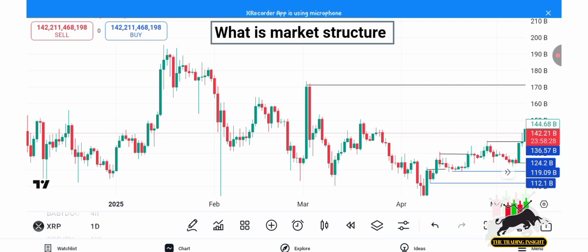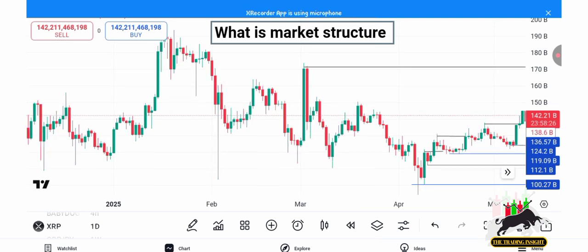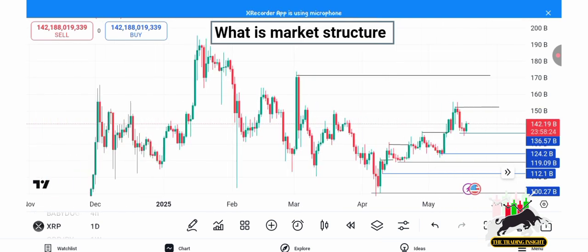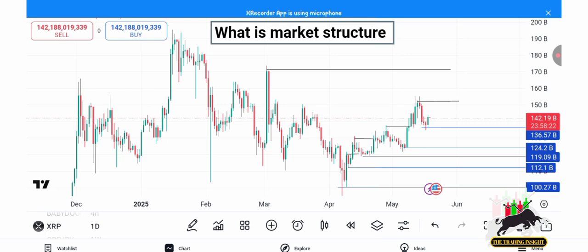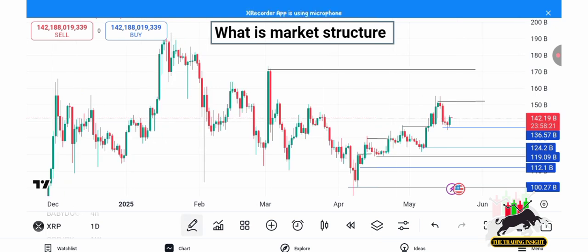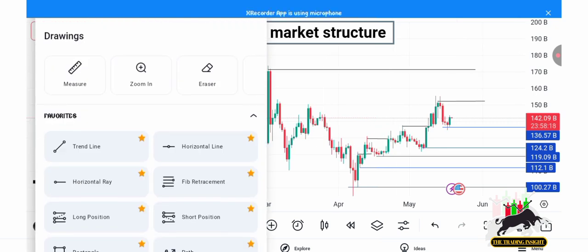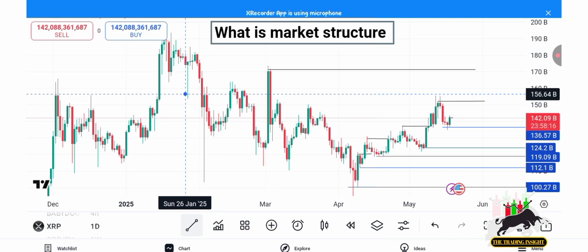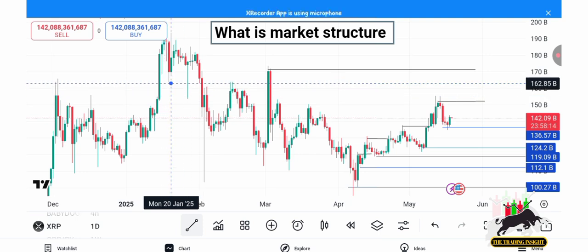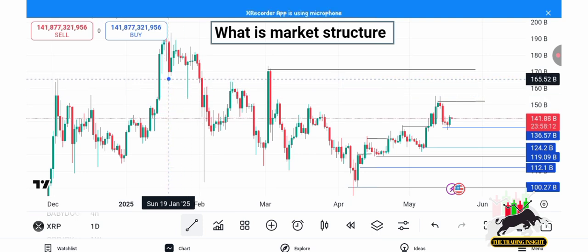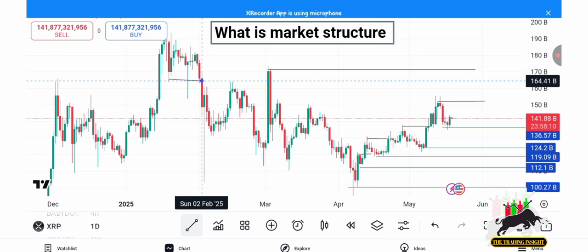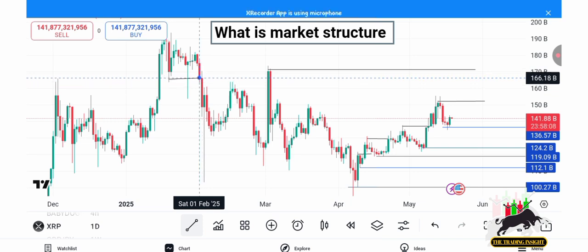So the downtrend, this is when the market moved downward. That was when the market failed. It failed here to create a new high, and then broke the low that was there already.